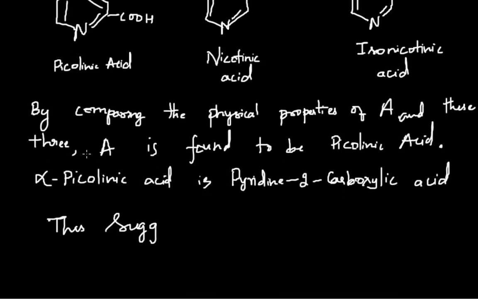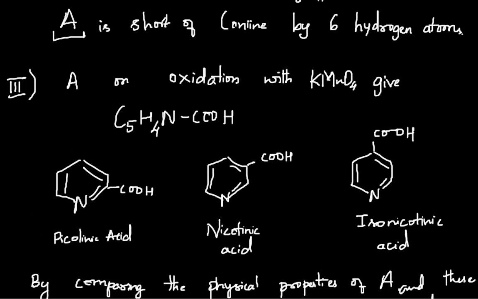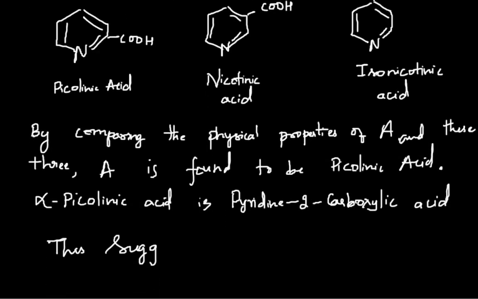The derivative of A, okay, let me put it this way. Sorry guys, I made a mistake here. So gives, I'll put it as B. Okay, there is a mistake here. I'm sorry.